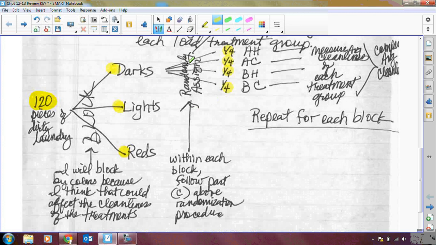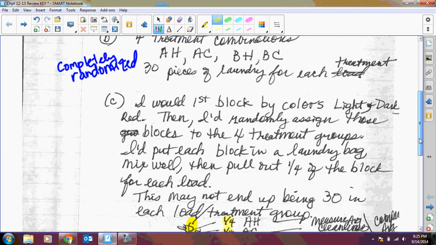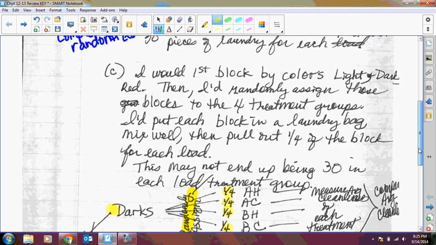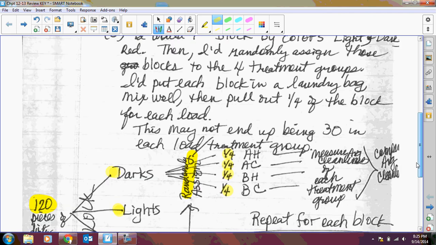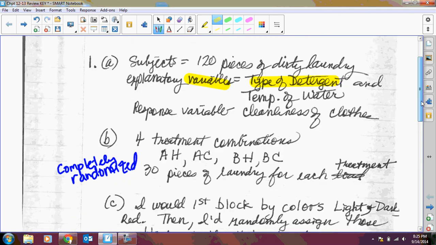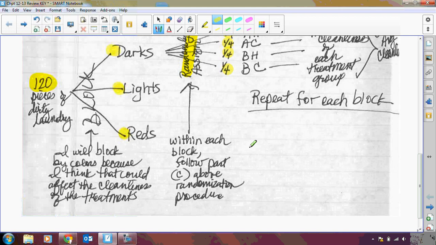Now, the way that I did this random assignment was within each block, I followed part C above with the randomization procedure. So let me read what I had put up there. I don't see the randomization procedure, so I should probably fix that.